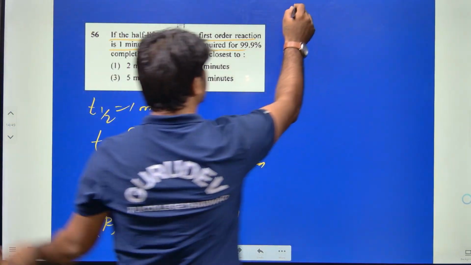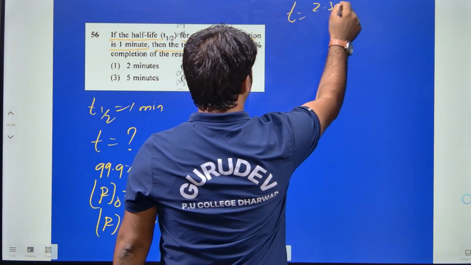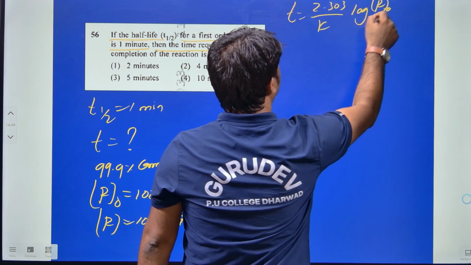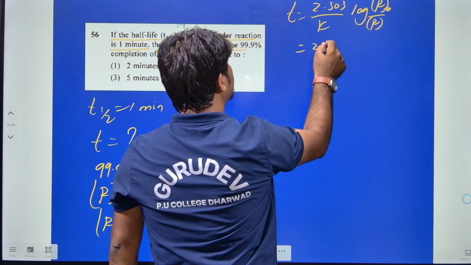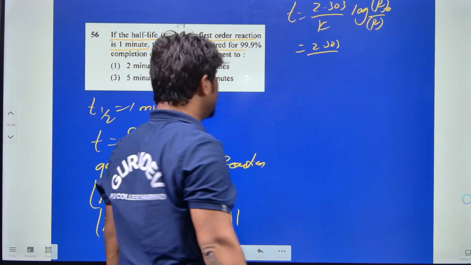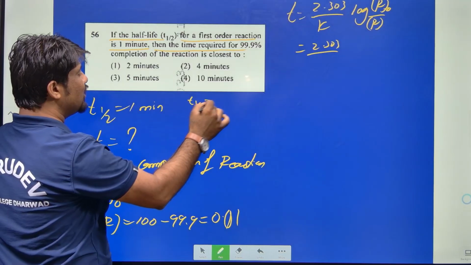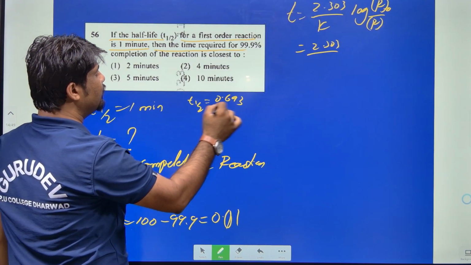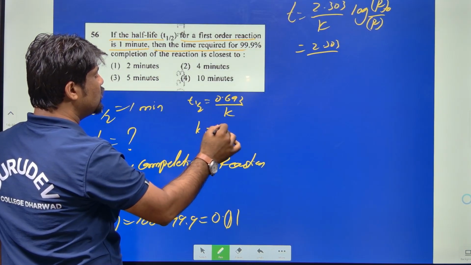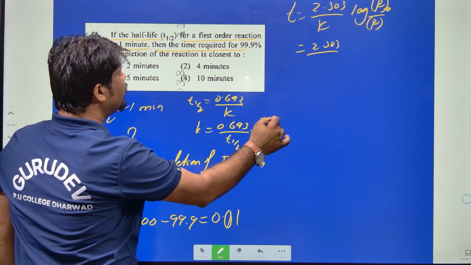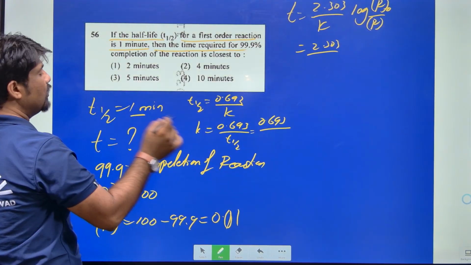So substitute the values. Then t is equal to 2.303 divided by k into log of R0 divided by R. Then 2.303 divided by k value, I don't know. Calculate the k value with respect to t1/2. We know that t1/2 is equal to 0.693 divided by k. Then k is equal to 0.693 divided by t1/2, that is 0.693 divided by the given 1 minute.